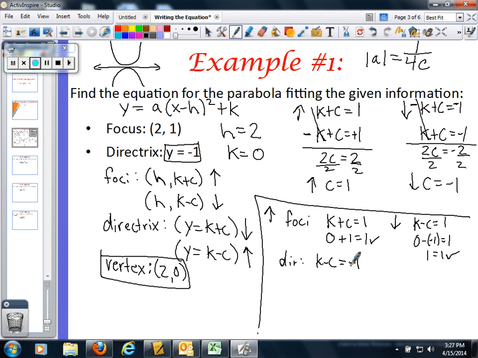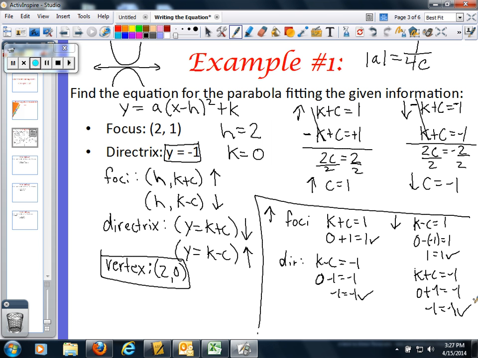So that's 0 minus 1 equals negative 1, which gives you negative 1 equals negative 1, which checks. If I'm going down, however, then you have k plus c equals negative 1. That's 0 plus negative 1 equals negative 1. And that gives you negative 1 equals negative 1. Okay? Now, you notice how both the foci and the directrix, both of them could be possible.